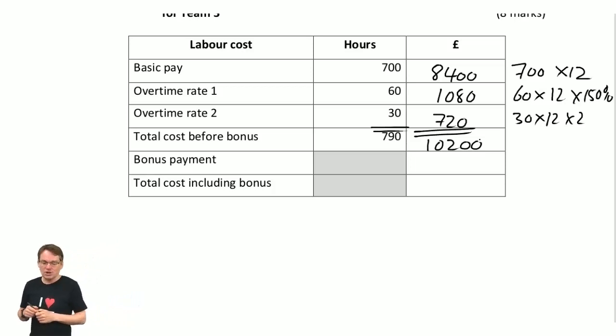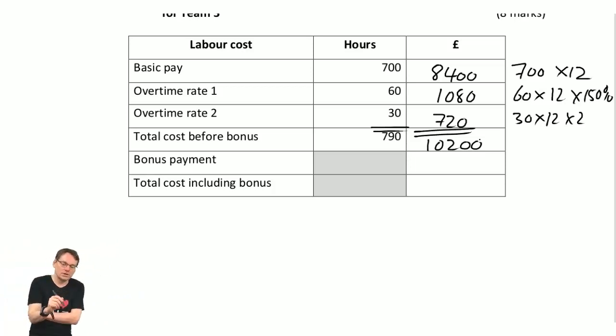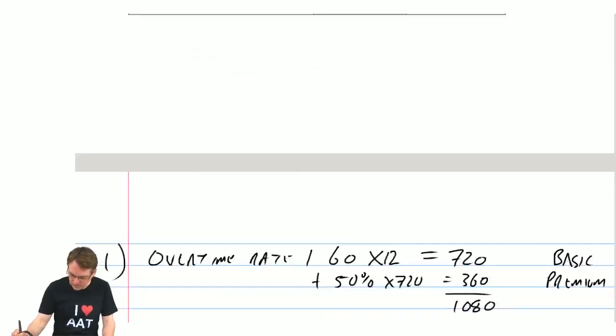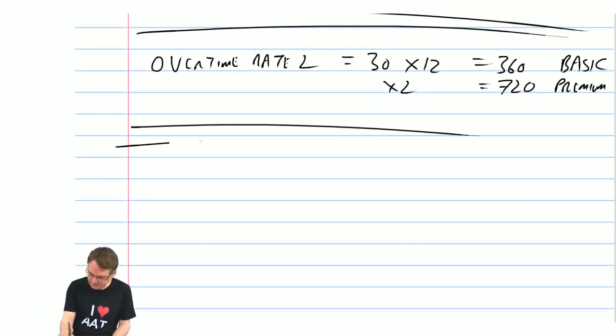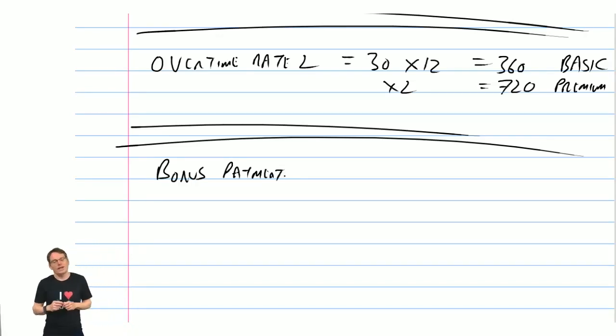One of the things you will notice is that for the bonus payment, the hours has been blanked out, because obviously the bonus payment isn't based on hours. It's based on units. Again, even if you think the calculation is incredibly easy, it's still quite a good idea to write it out.